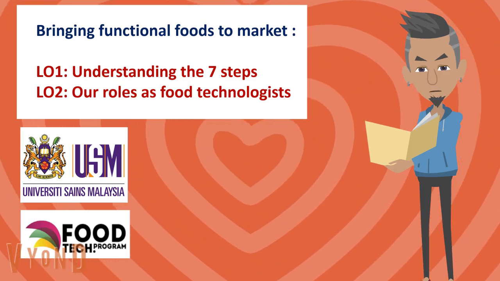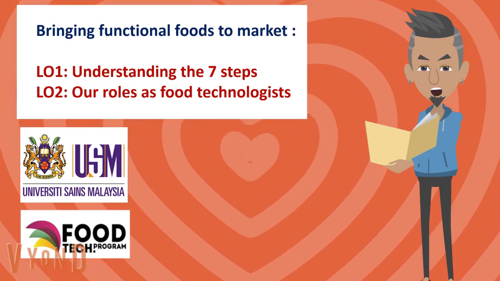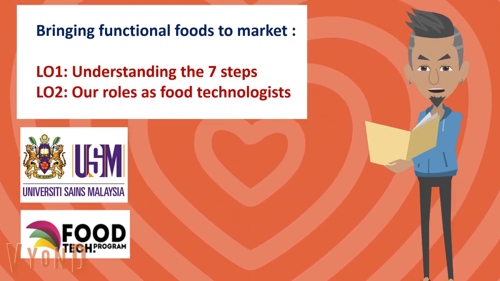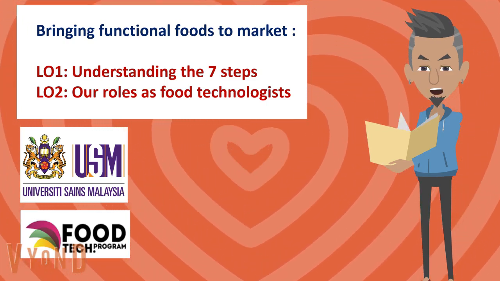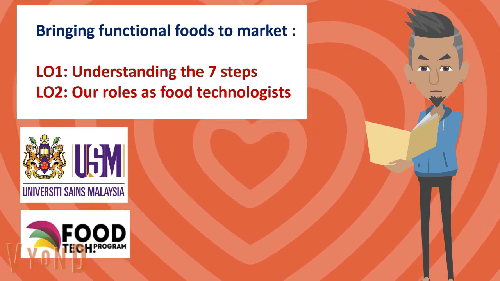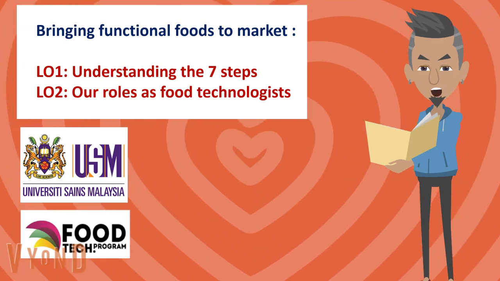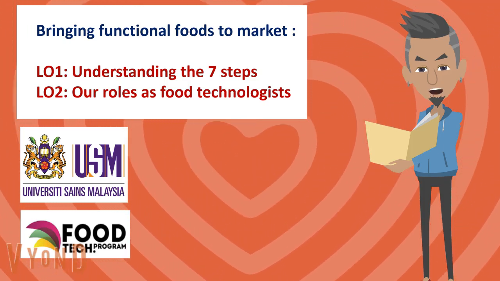Now, according to the Institute of Food Technologists, an organization that distributes knowledge about food, nutrition, technology, and policy, bringing functional food to the mass market requires a series of steps involving research, communication with government agencies, and effective public marketing.